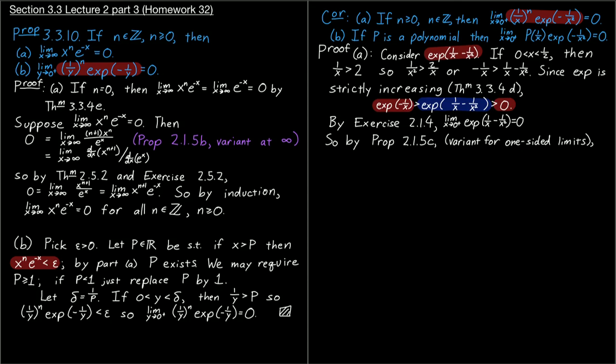We have that the limit as x goes to 0 from the right, 1 over x to the n, exp negative 1 over x squared, we have the thing which we know is 0 from the previous proposition times the thing we have just worked out.